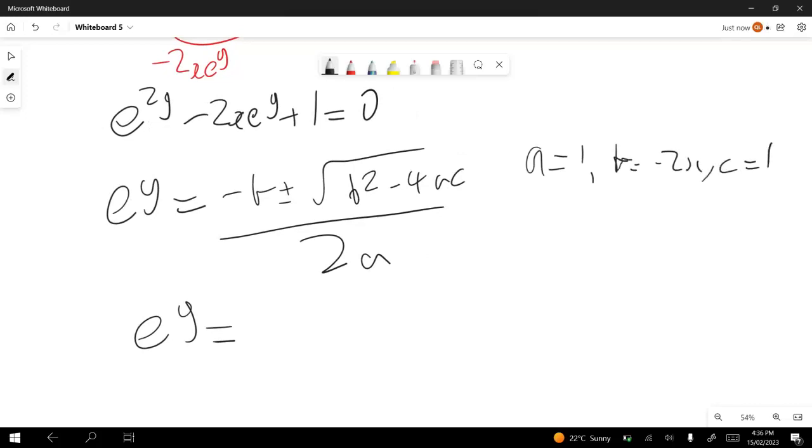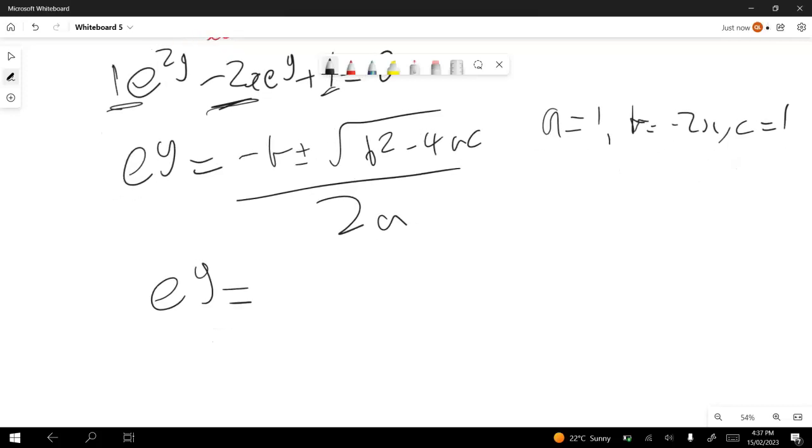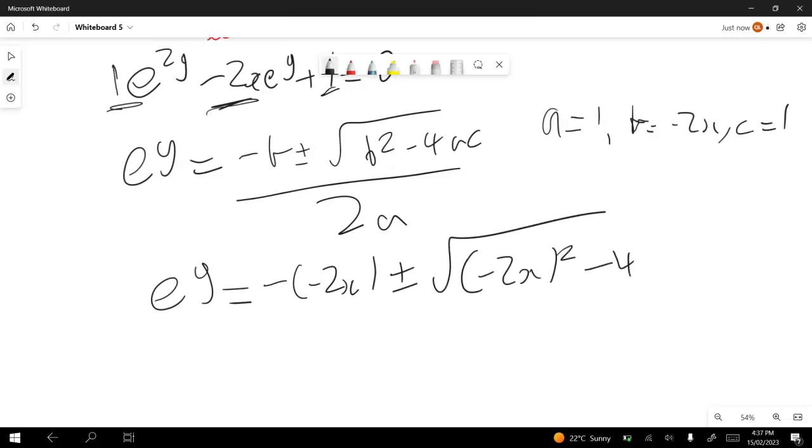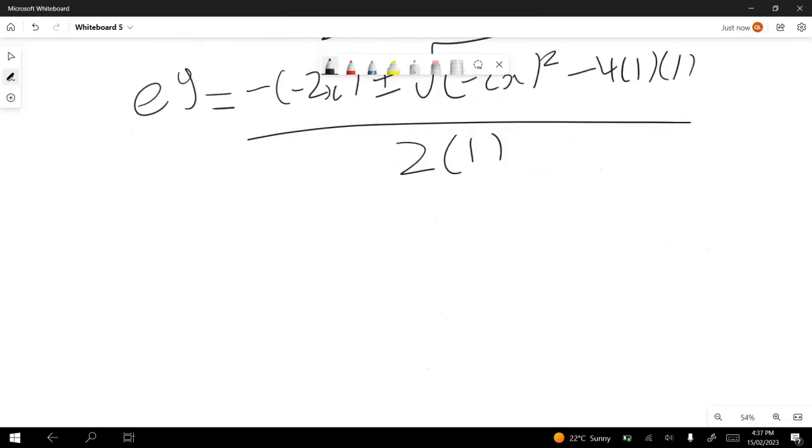This is just for you to see that this is b, this is a, which is 1, and c is just 1. So we're going to say minus negative 2x plus or minus the square root of negative 2x squared minus 4 times 1 times 1, over 2 times 1.